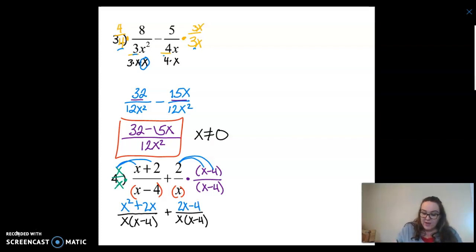To simplify, I have an x squared. Any other x squared on the numerator? Nope. I have a 2x and a 2x, and I'm adding, so I have a 4x. And then I have this -4. And I'm going to put it all over that denominator of x times x minus 4.